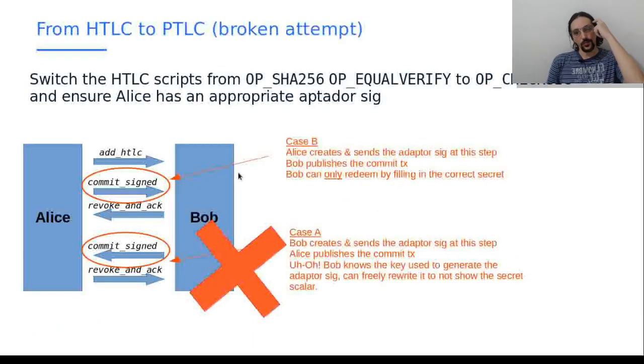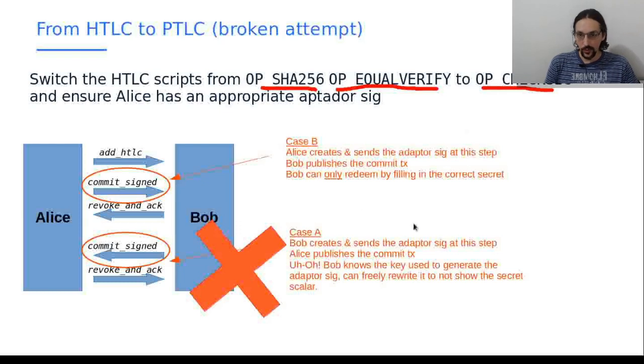The first attempt to implement this in the most naive way is to switch out the standard SHA-256 or pubkey-verify encumbrance in the PTLC output to an OP_CHECKSIG or OP_CHECKSCHNORRSIG, to bind the payment to a specific adapter signature and corresponding secret scalar.